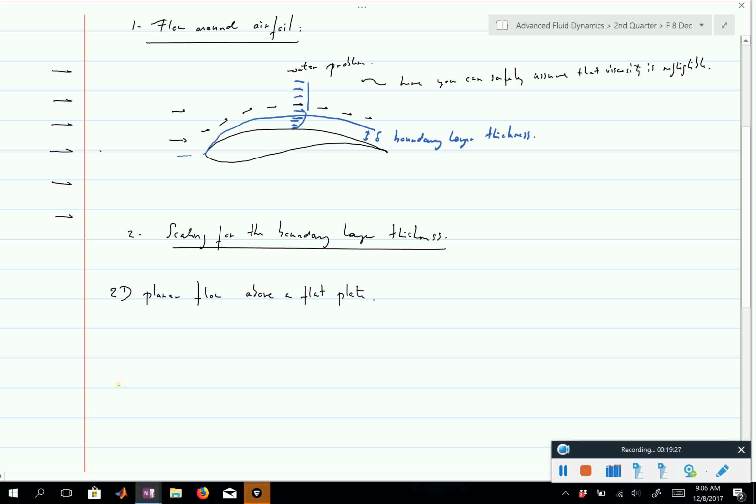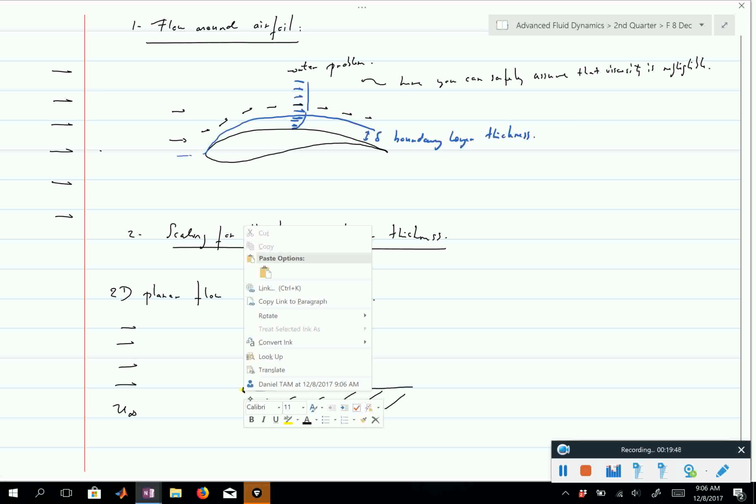So let's assume that we have a flow at infinity, and here, starting at this point here, we have a flat plate. Okay, so we only start imposing the no-slip boundary condition at this point, because before there is no boundary.